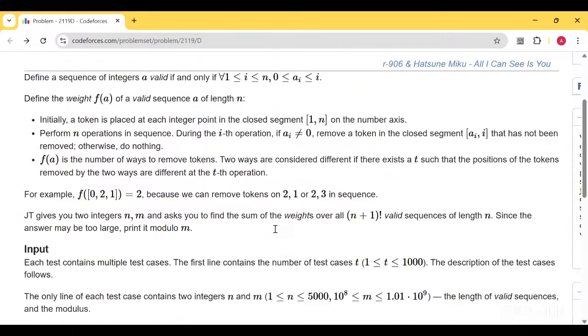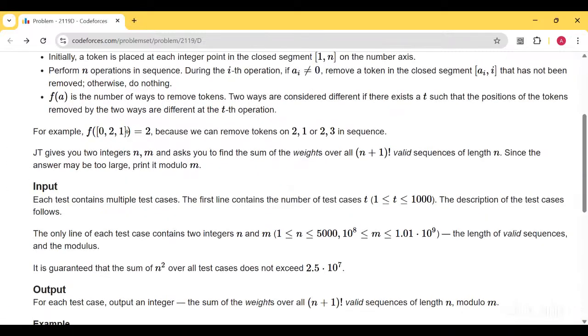For example, if the array is like this. Okay, initially there are 3 tokens, right? Token 1, token 2, token 3. And then for the first operation, just do nothing. And then for the second operation, we must remove the second token, right? A token from 2 until 2, so it must be 2.